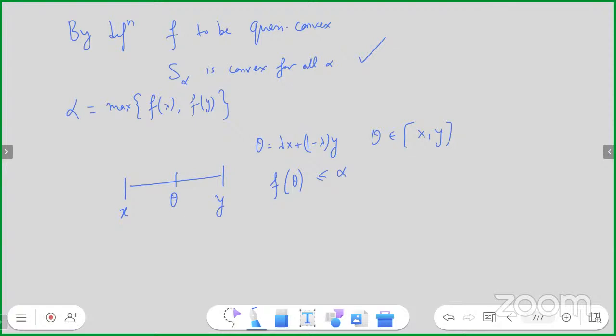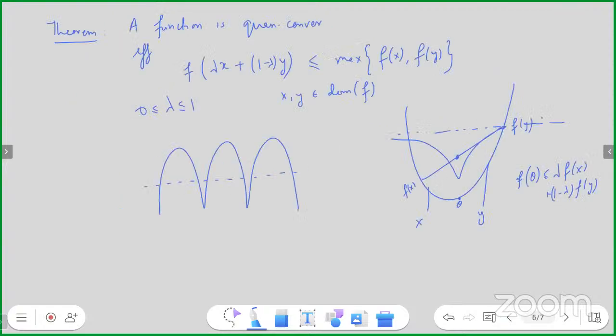So this direction is straightforward. What about the reverse direction? We are given that this is true for all x comma y in the domain, and we want to prove that all sublevel sets are convex.